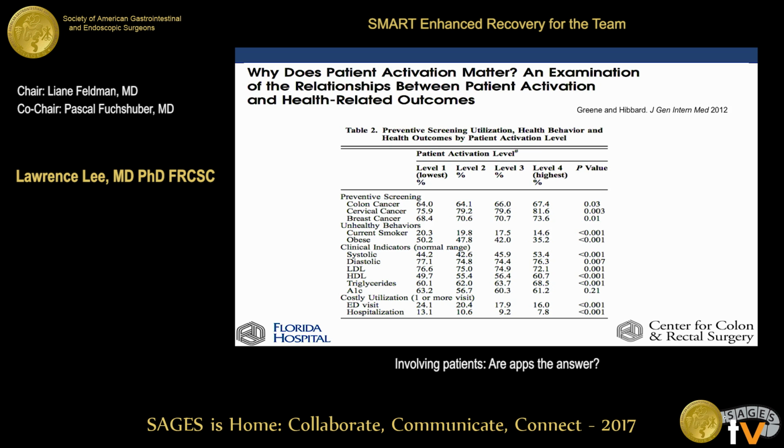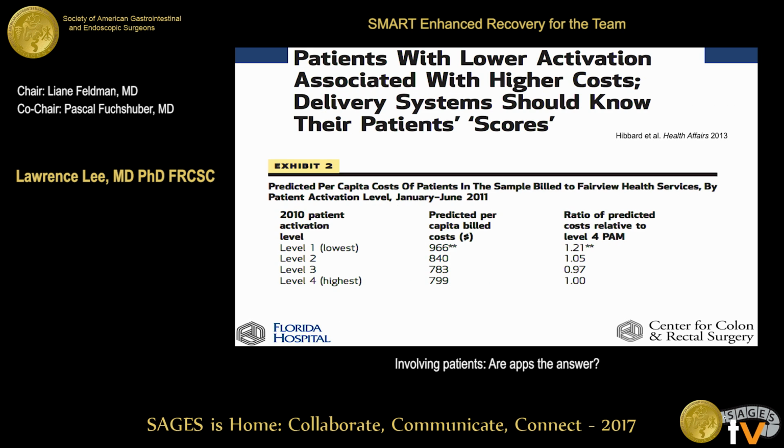You can see that compared to levels 1, 2, and 3, highly engaged patients had higher rates of screening for colon cancer, cervical cancer, and breast cancer, had fewer unhealthy behaviors, and a higher percentage of them had normal ranges of blood pressure, HDL, and triglycerides, as well as much fewer visits to their healthcare providers.